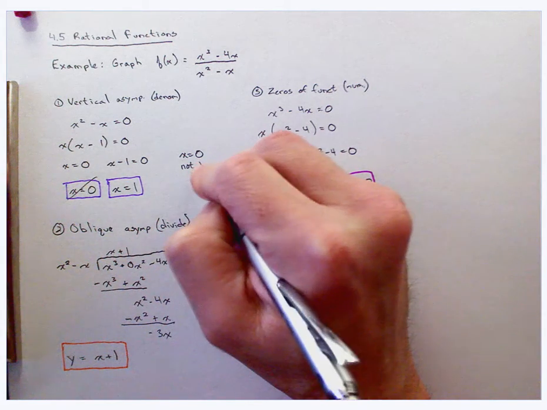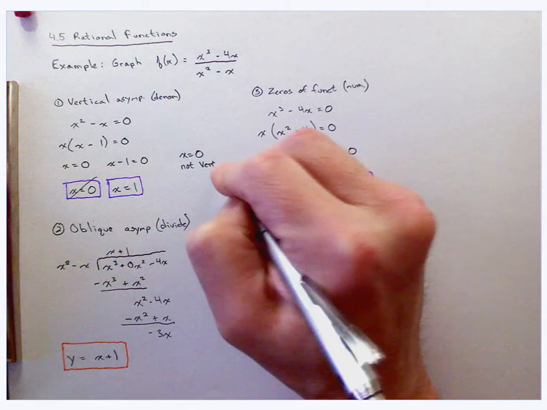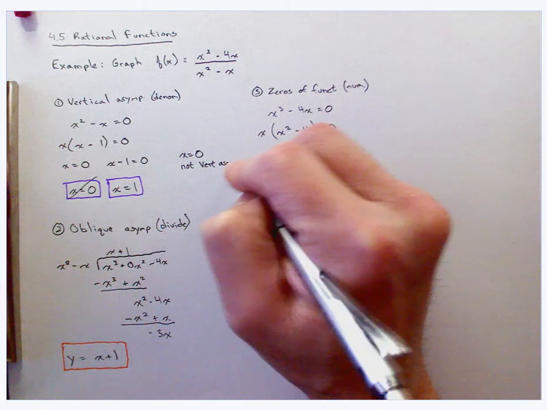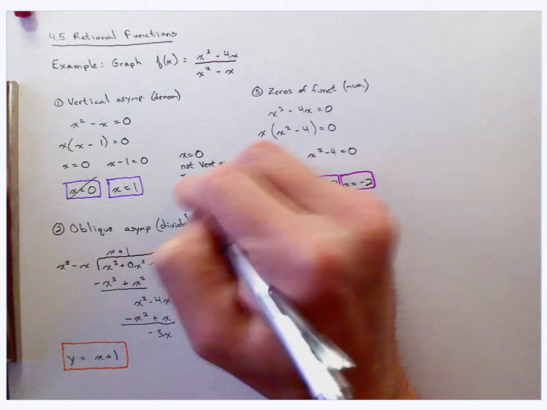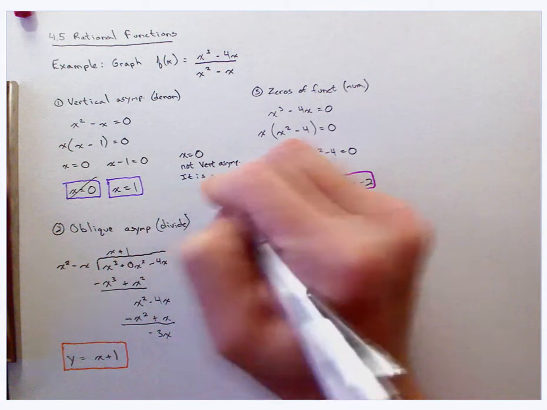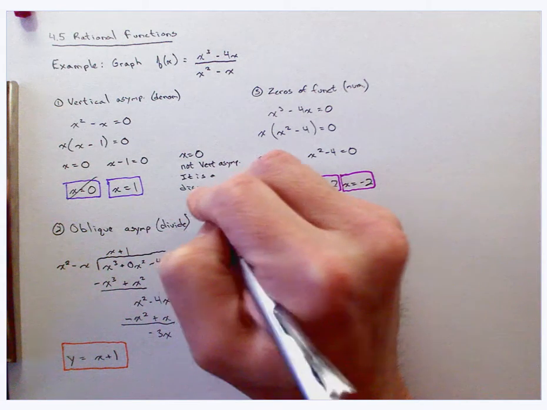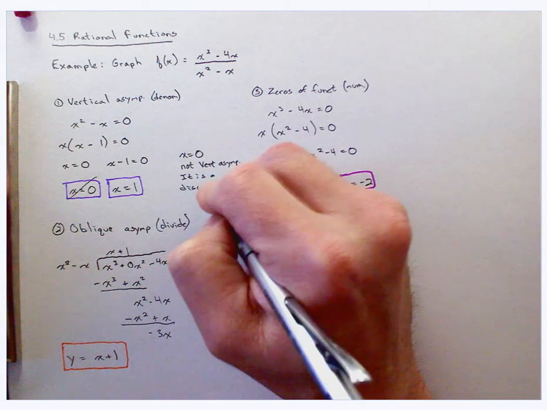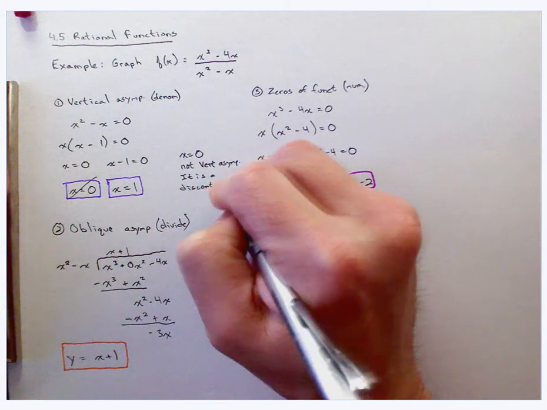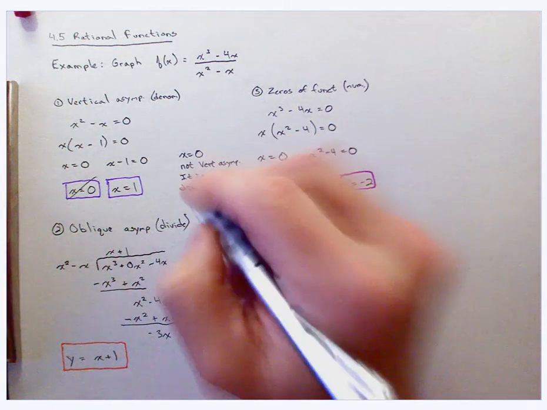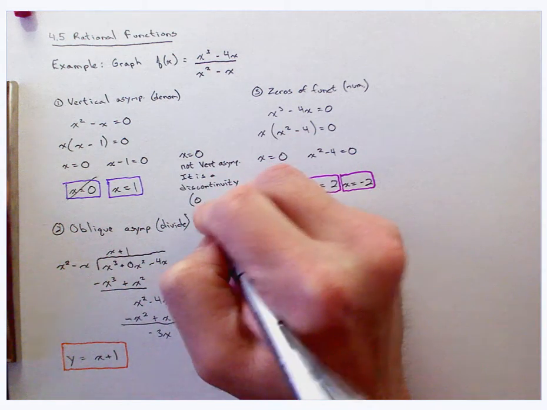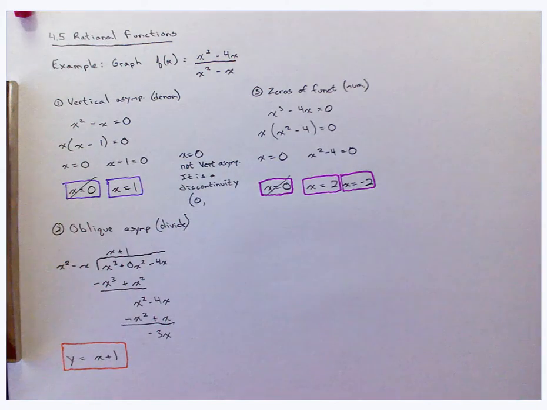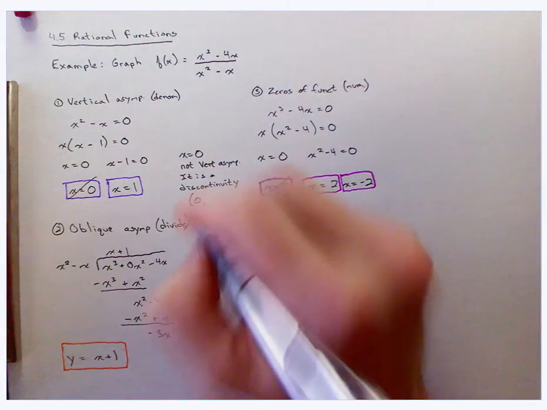is not a vertical asymptote. It is a discontinuity. And it is x and then something else, and then we'll have to plug in and see.